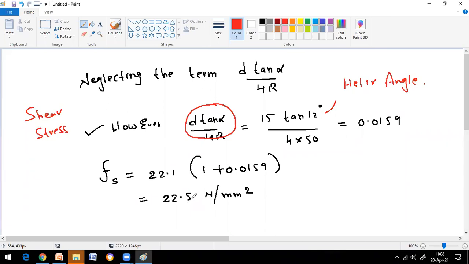So the effect of d tan alpha by 4r is going to be how much percentage? The effect of d tan alpha by 4r is how much percentage of the 22.1 Newton per mm square?